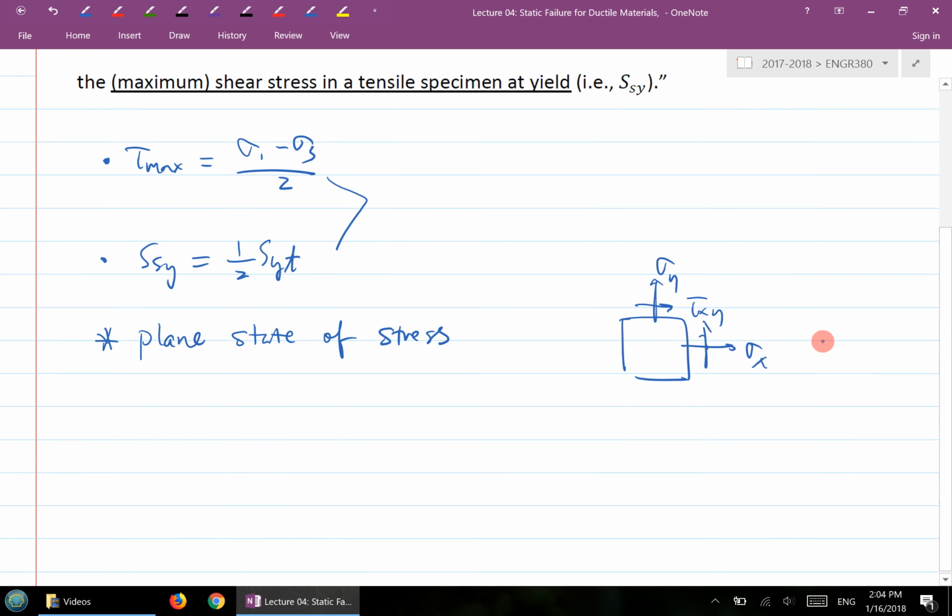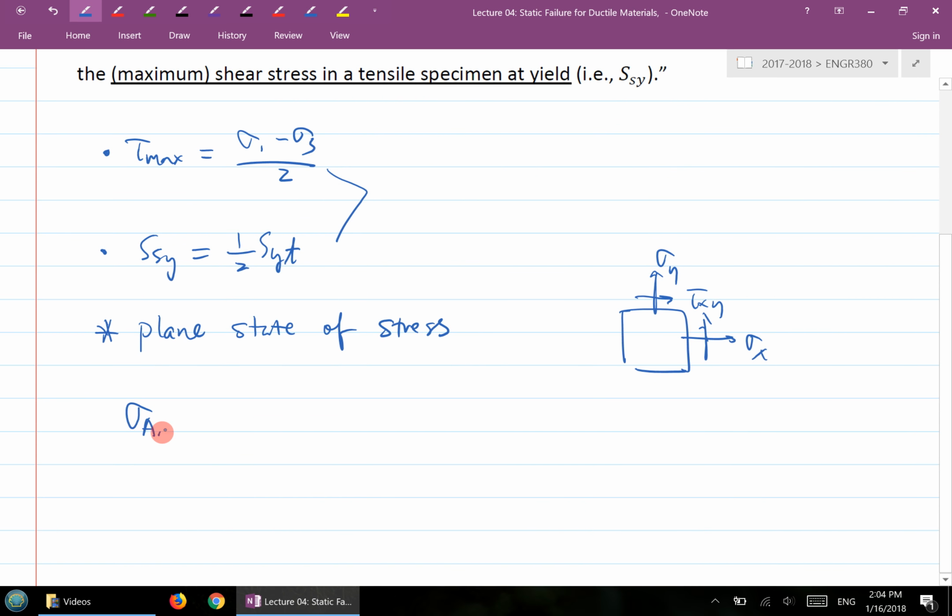You can always calculate the two principal normal stresses based on this state of stress, and that equals this. So here you have two principal normal stresses calculated from the plane stress element.